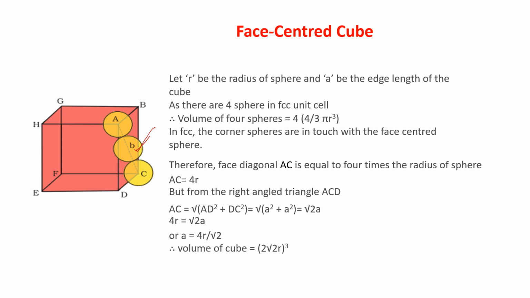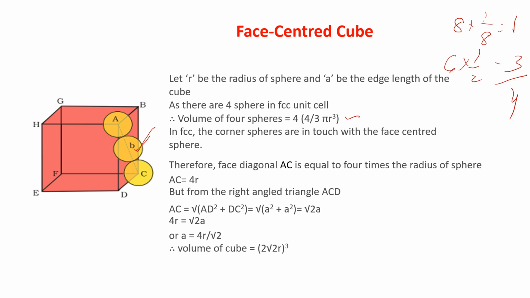Now, as there are 4 spheres in the FCC unit cell, we know that 8 corners into 1 by 8 contribution gives 1 atom, and each face contributes half, so 6 into half is 3, so total 4 atoms. So the volume of 4 spheres is equal to 4 into 4 by 3 pi r cube.